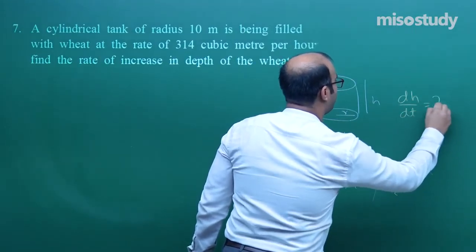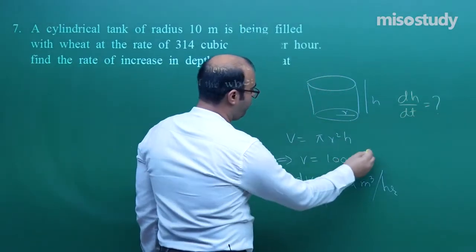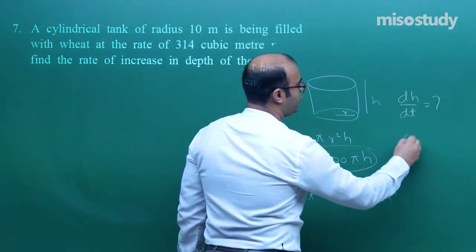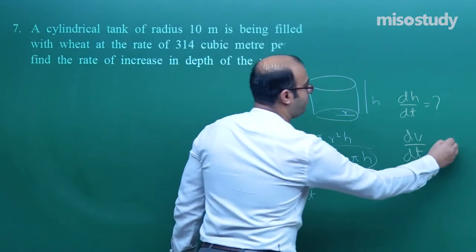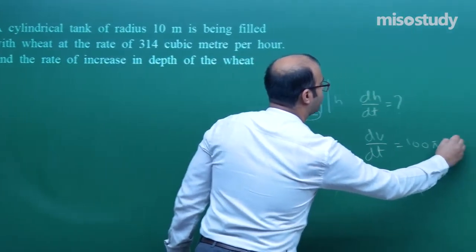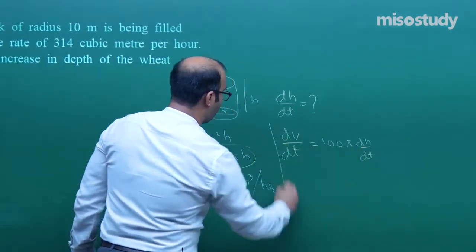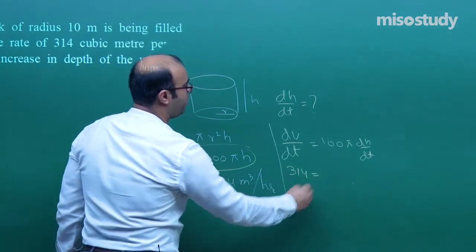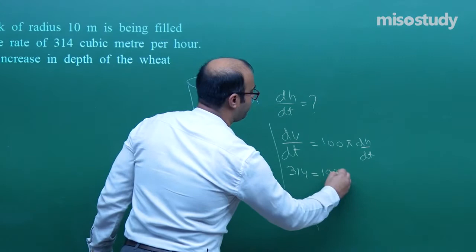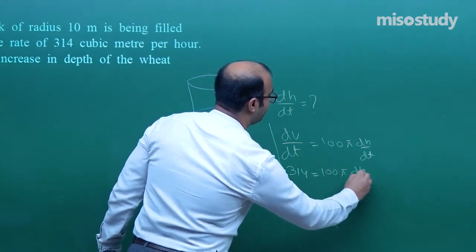This is a very simple question. We will differentiate this relation with respect to time. So dV by dt is 100 pi dh by dt. Now dV by dt is given as 314, so we put 314 here: 314 equals 100 pi dh by dt.